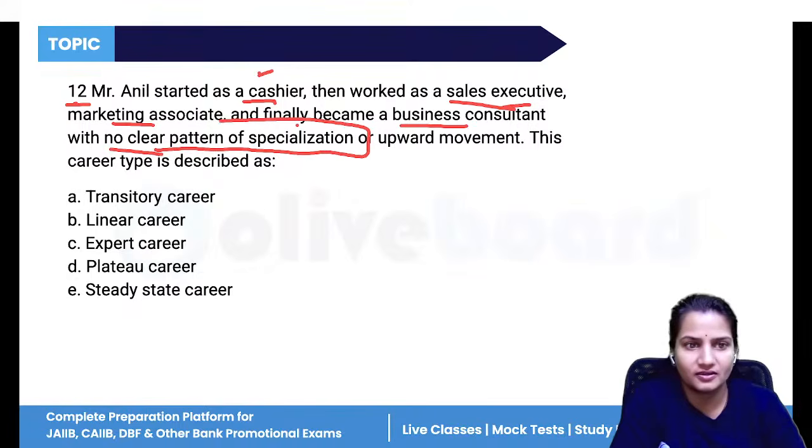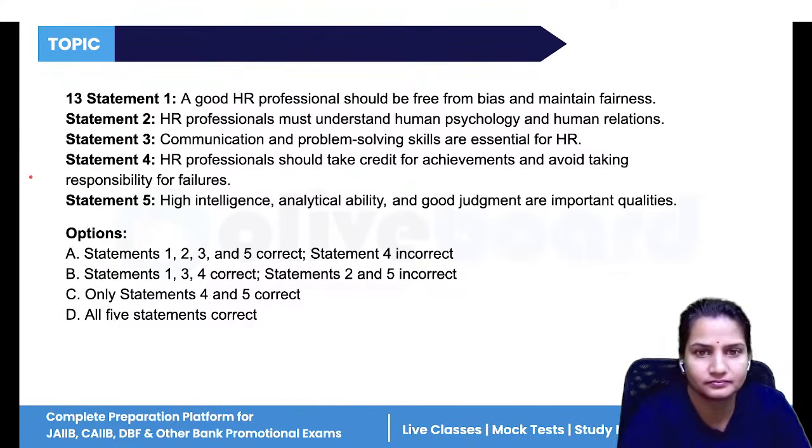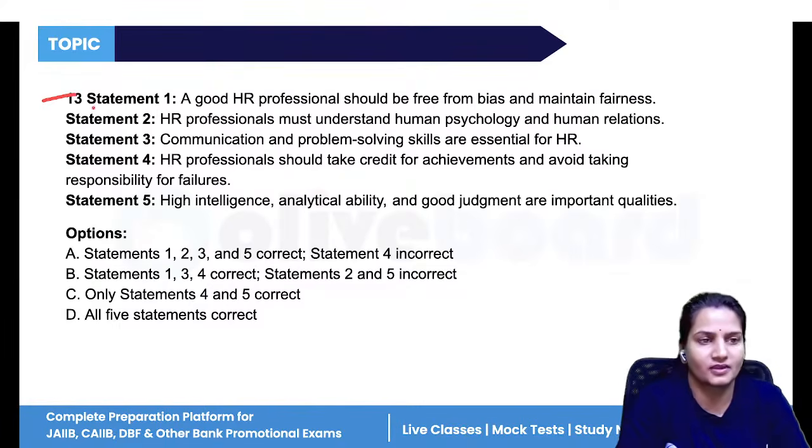This is the biggest keyword. No clear pattern of specialization means that the individual is switching from one job to another with no clear pattern of specialization. So that is transitory. Now, 30.